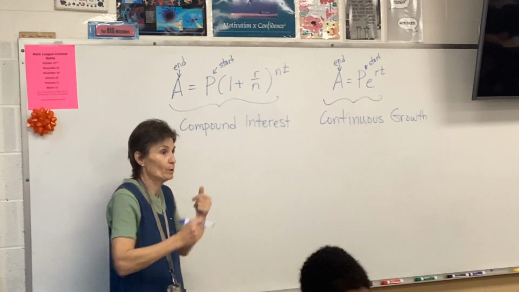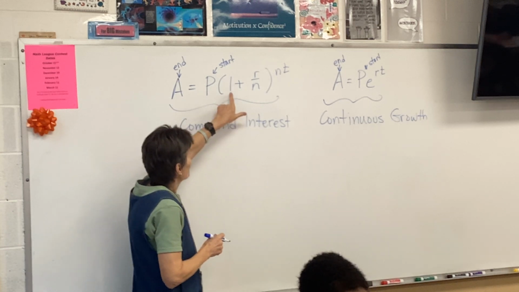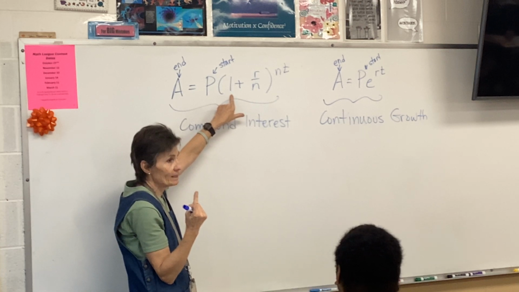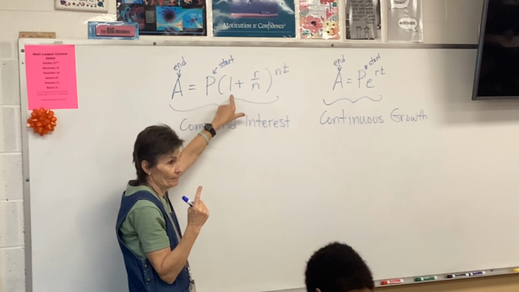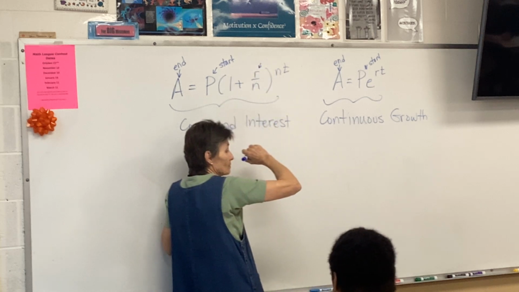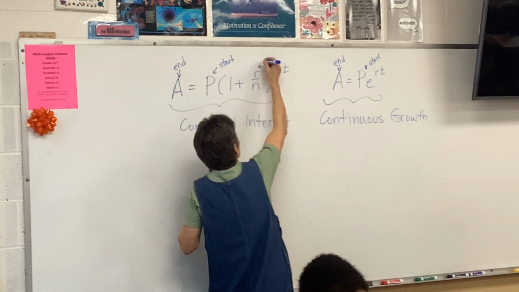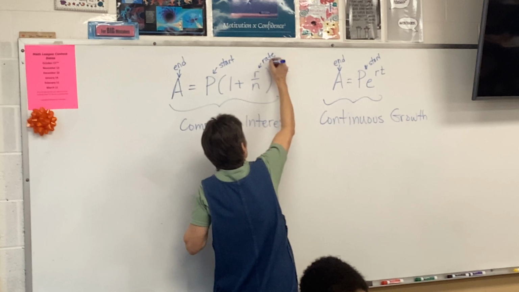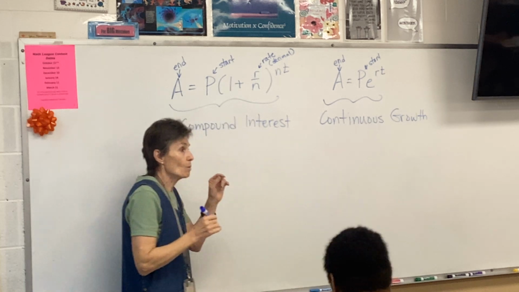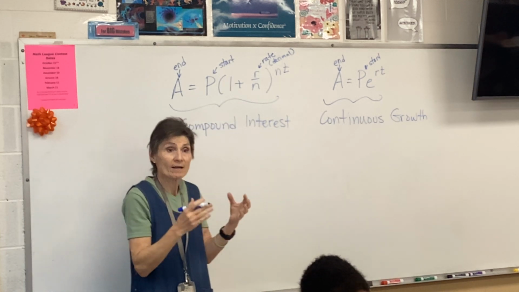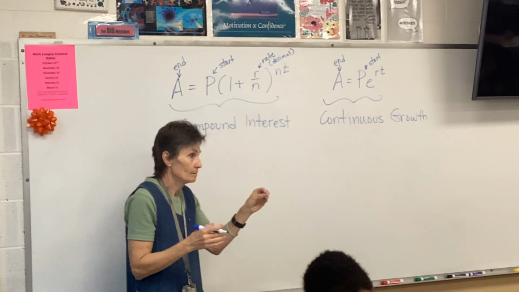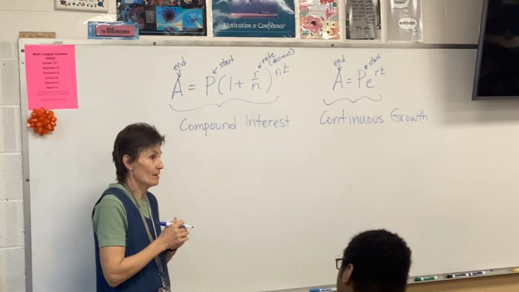That's how much money you put into the bank to start with. That is a 1. It's not an L, it doesn't have any special meaning, it's a 1. This is your interest rate, whatever rate your bank is giving you, but it has to go in as a decimal. So if the interest rate is 5%, then you put in 0.05. Put in the decimal value of the percent.